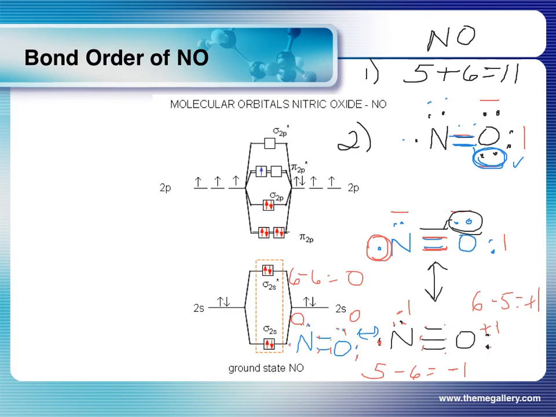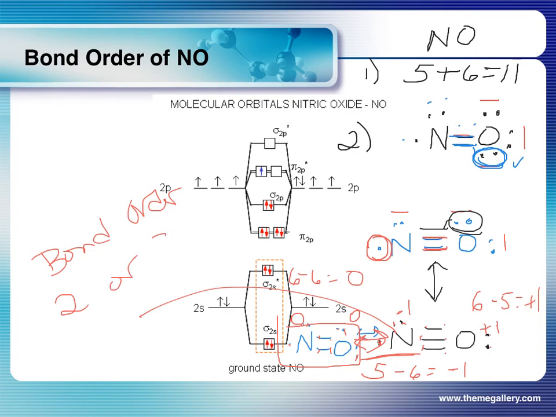So clearly the double-bond one is favored, but as it turns out, real nitrogen monoxide is a hybrid of these two resonance structures. So rather than its bond order being either 2 or 3, it actually ends up being 2.5, like we found from the molecular orbital theory. And that is it for this lecture.